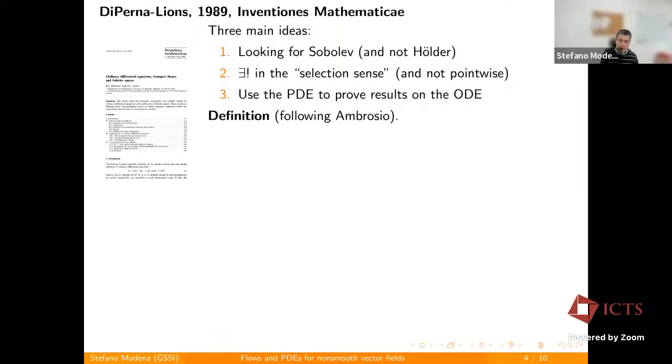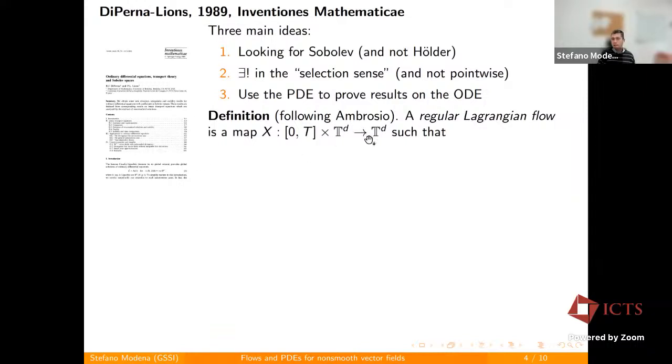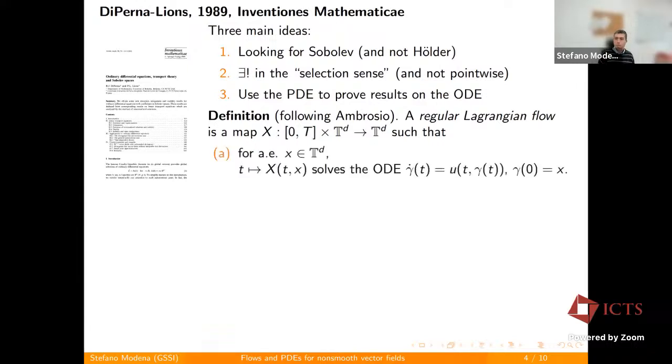So the definition is the following. It's the definition of regular Lagrangian flow. So what is a regular Lagrangian flow? This is, by definition, a map, a function of time and space with values in space, like the classical flow, such that two properties hold. The first property is what we would expect from a flow.